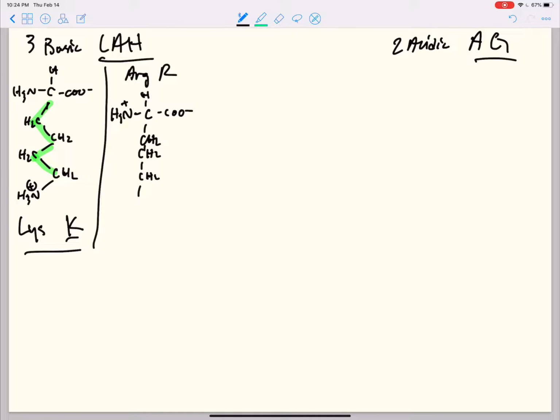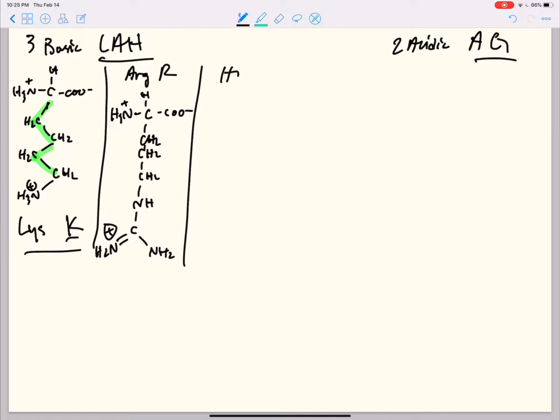And from here, you go into a nitrogen, and then you have another carbon, and then you have more nitrogens. So when you think about arginine, you know it's a basic amino acid, so it's going to be having a lot of positives here. And it is just one that you have to draw multiple times in order to remember it.